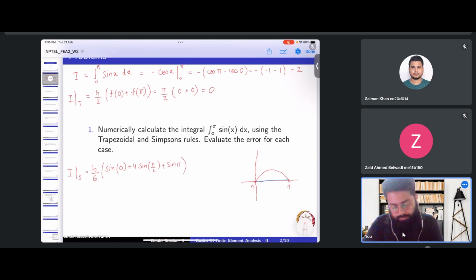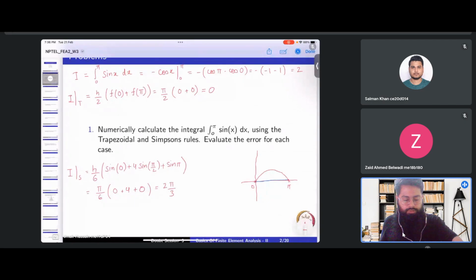We have 3 points, equally distributed. Here h is pi, so it is pi by 6. Sine 0 is 0, sine pi by 2 is 1, and sine pi is again 0. So we get 2 pi by 3.